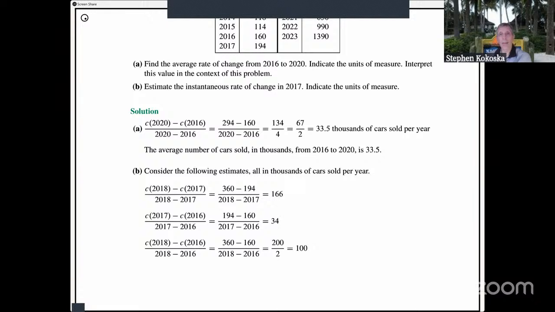Get the slope of the secant line going 1 to the right, that 166. Get that estimate going 1 to the left, 34. And then take the arithmetic mean of those 2 values. There's another way to estimate what C prime of 2017 would be.